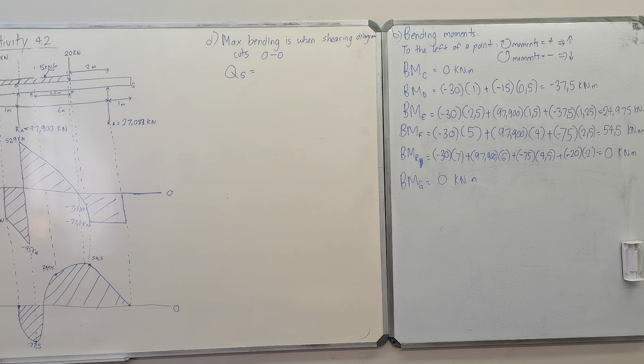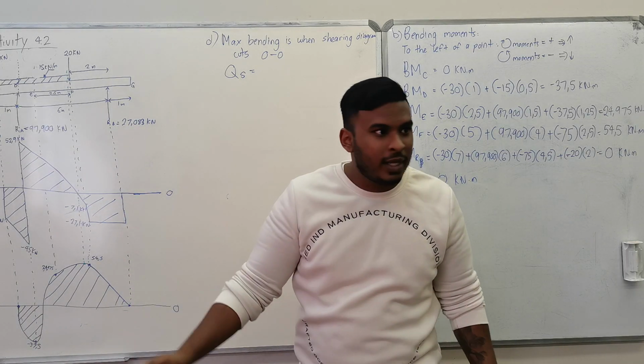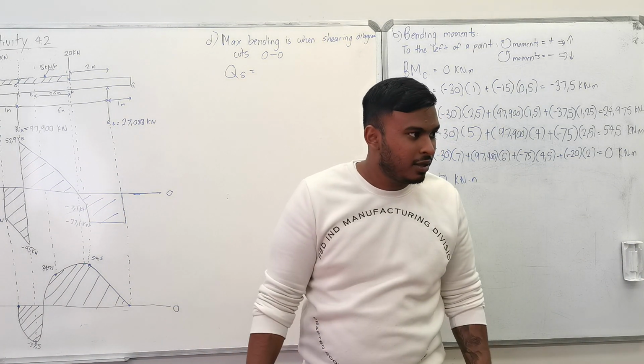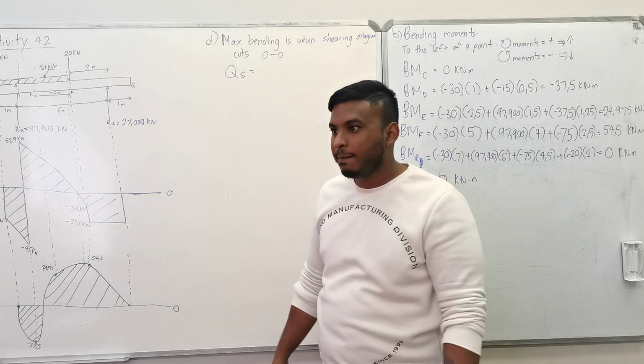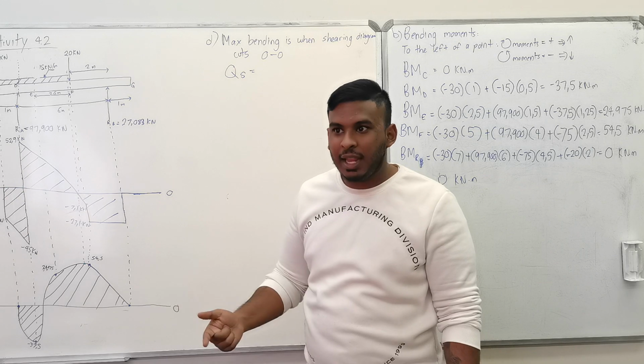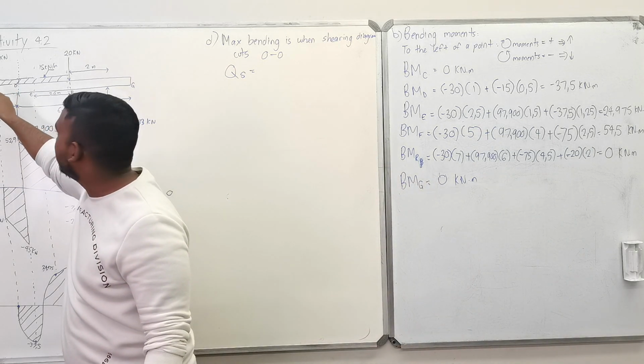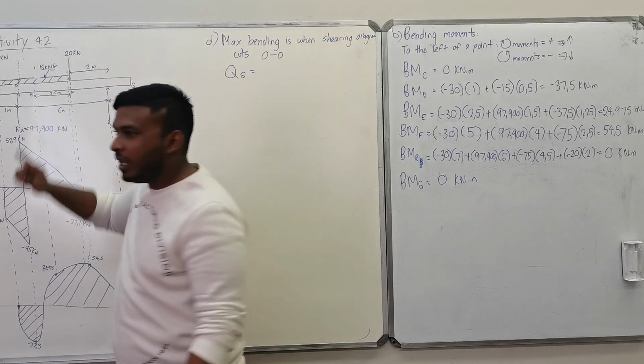Everything to the left of the beam, whichever forces were acting up, we took as positive. Whichever force was acting down, we took as negative. You all remember that? So, look at the green line. What are your forces to your left? The 30 kilonewtons, the RA, and then whatever distance this uniform distributed load is from here to the green line.